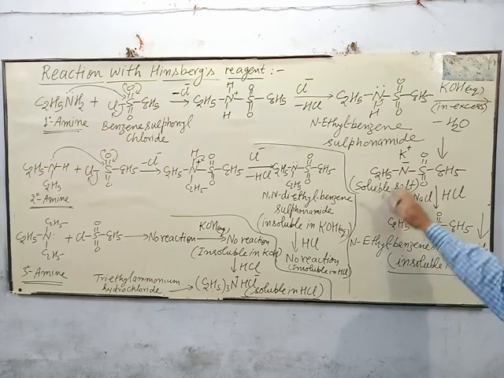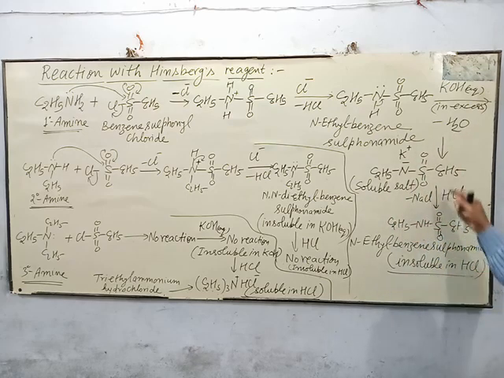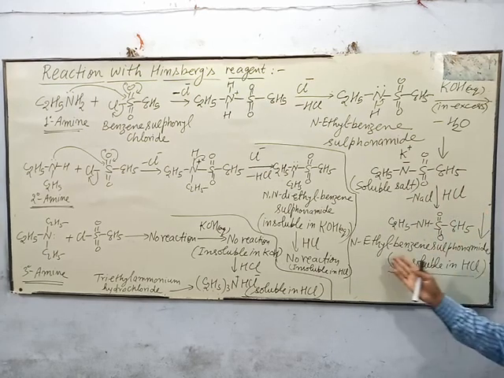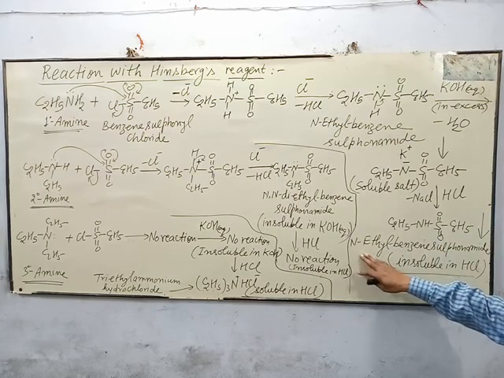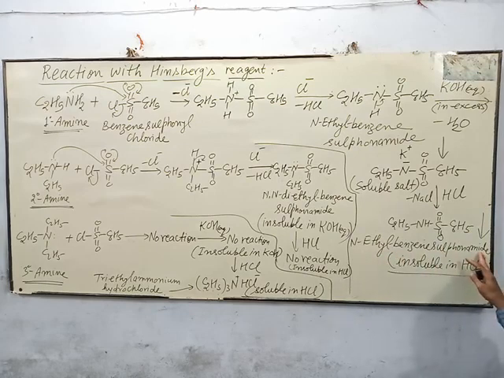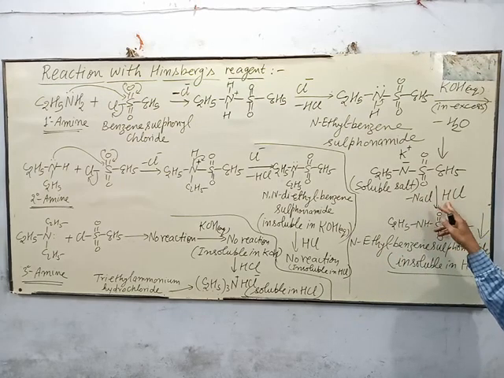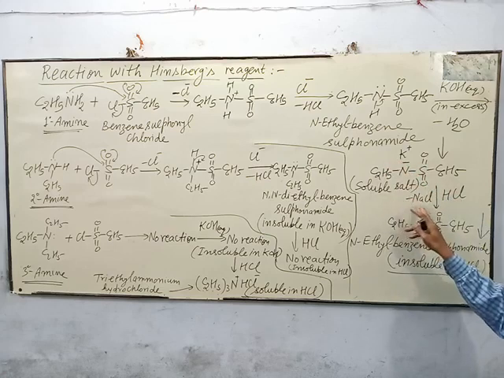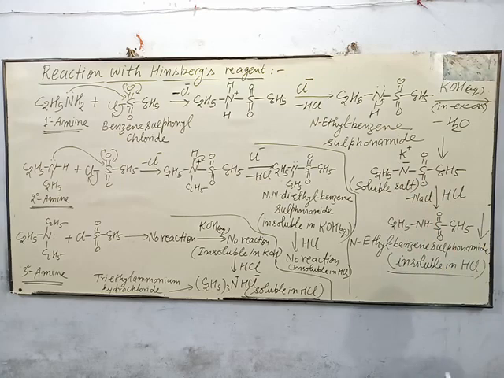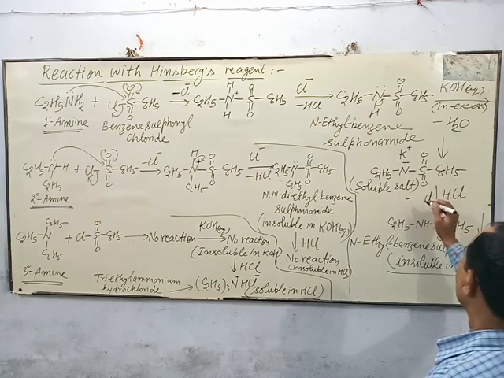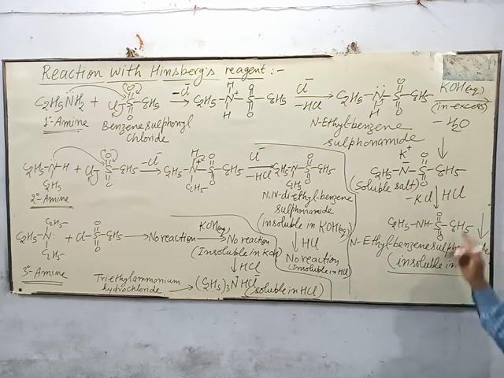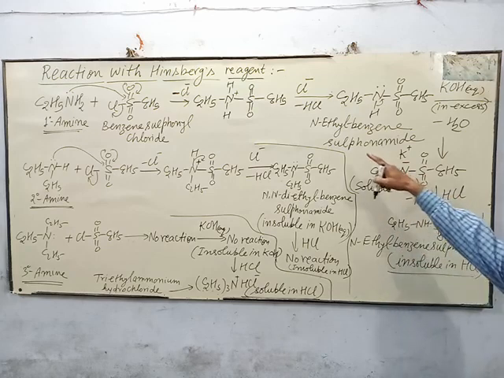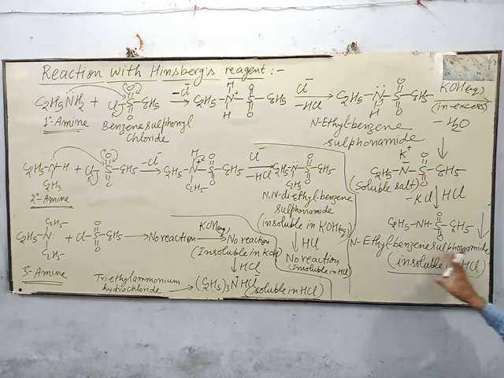This salt is soluble in KOH or NaOH solution, but when HCl is added to it, it forms N-ethyl benzene sulfonamide, means H and Cl combine with K and are removed in the form of KCl or NaCl, and again N-ethyl benzene sulfonamide is formed.